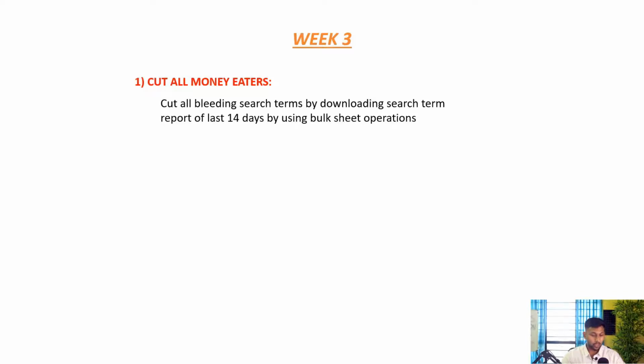We will cut all bleeding search terms by downloading the search term report of the last 14 days using bulk sheet operations. The same thing we have done right now. You have to negate the search terms that are eating up all your profits, giving a lot of clicks but zero results. The exact things that we did today, you have to do.